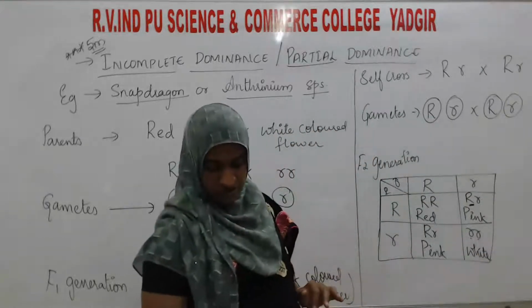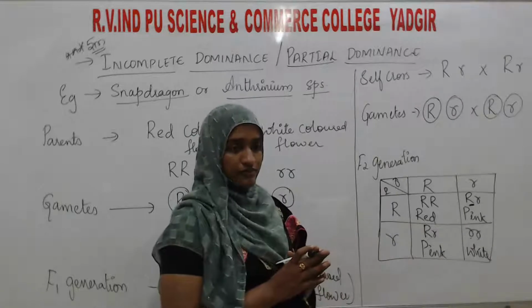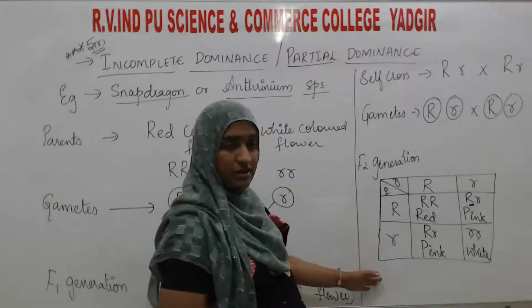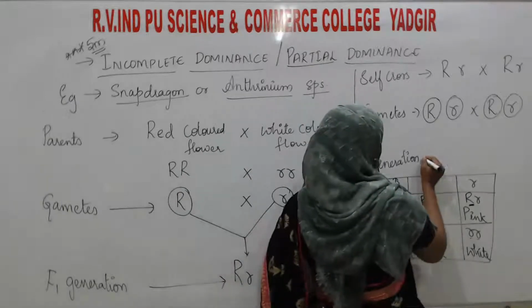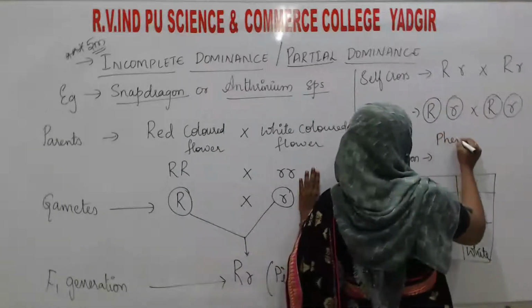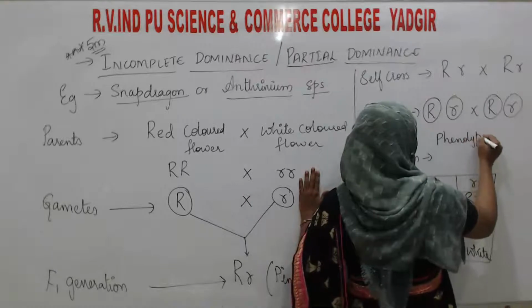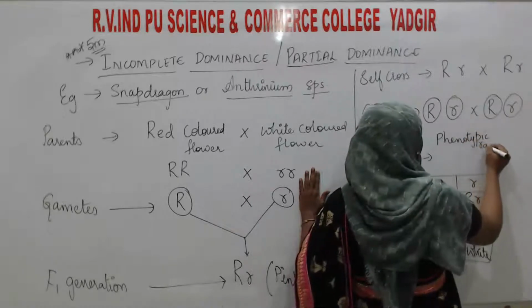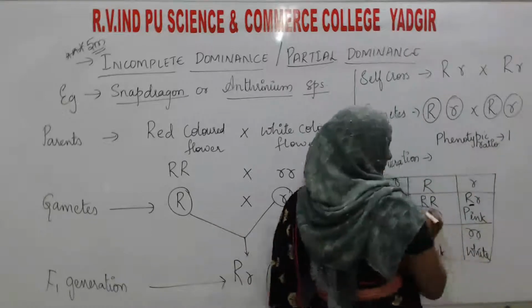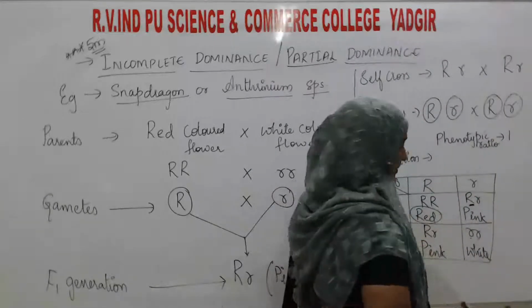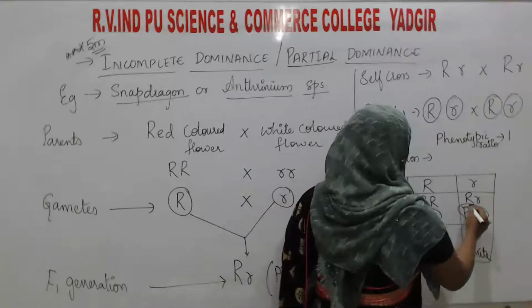Now next the question comes about the ratio. Phenotypic ratio. Here I will write the phenotypic ratio. That is 1 is red. Pink is how many? 1, 2.